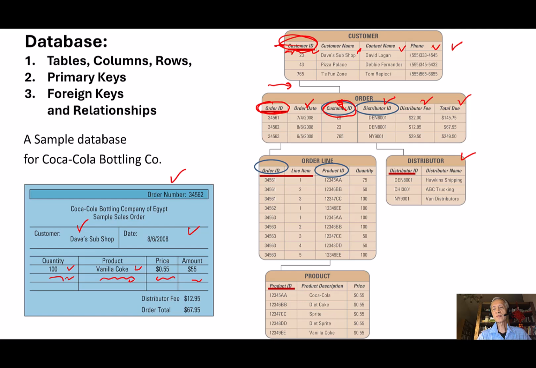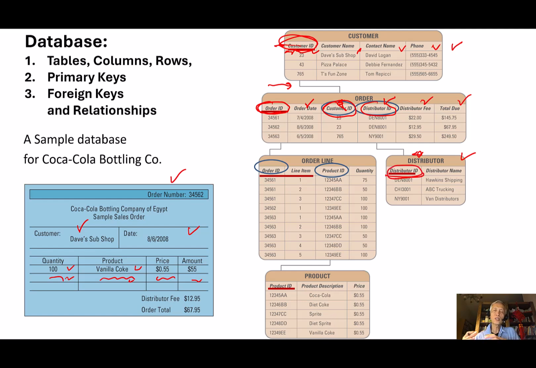So customer ID in the order table is a foreign key. Distributor ID in the order table is also a foreign key, pointing back to the distributor table where it is used as a primary key.